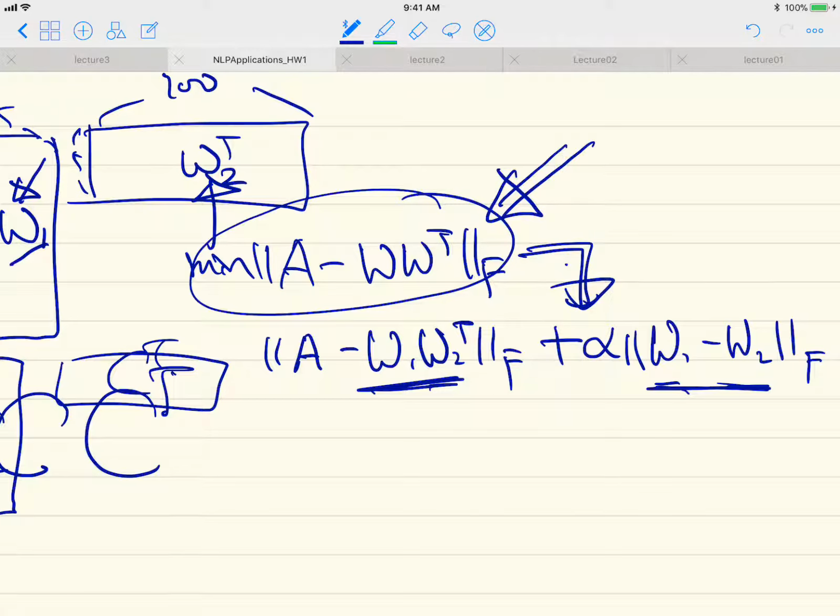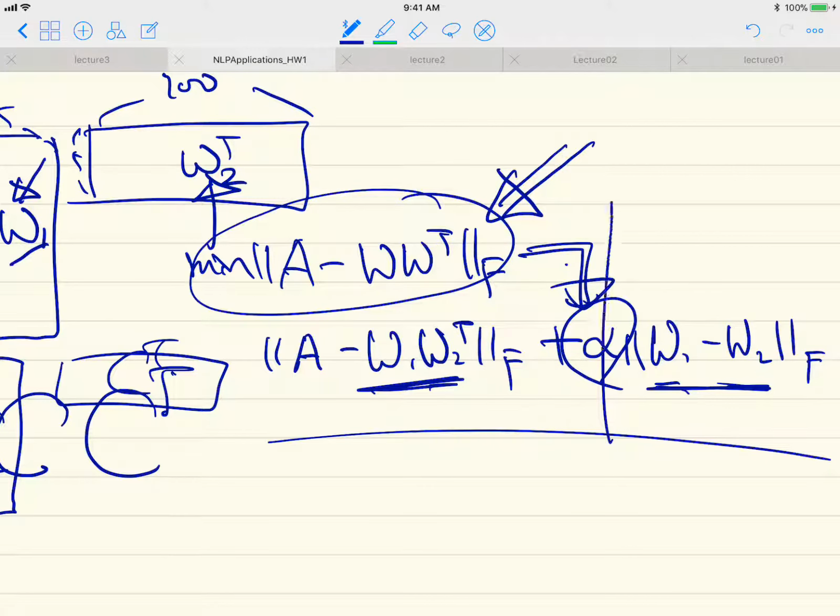But when changing it into this form, it is much easier to solve, but after solving it, W1 and W2 will have slight differences, right? Unless this one is an infinitely large value, it will be a balance between these two. So that will not give a single optimal solution for the original objective function, right? So we are approximating the original one with that one.